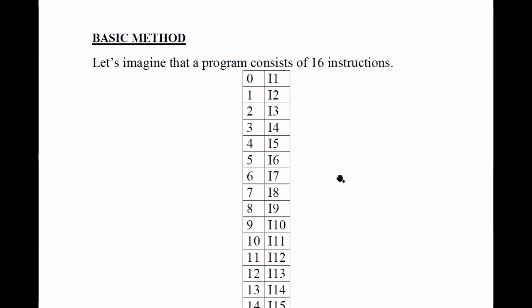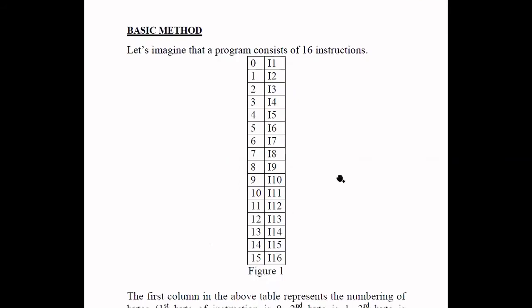So this concept of paging is mainly concerned about this mapping. Fine. To get a better clarity regarding what was told just now, imagine we have a program consisting of 16 instructions. The second column in this table represents the instruction number, and the first column represents a numbering of the bytes.